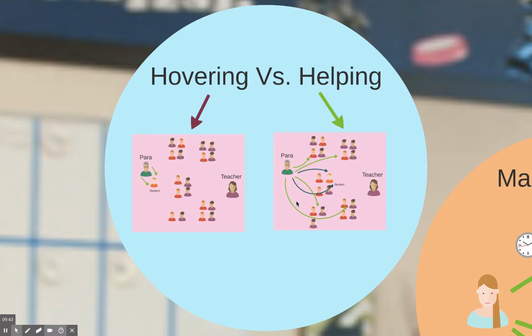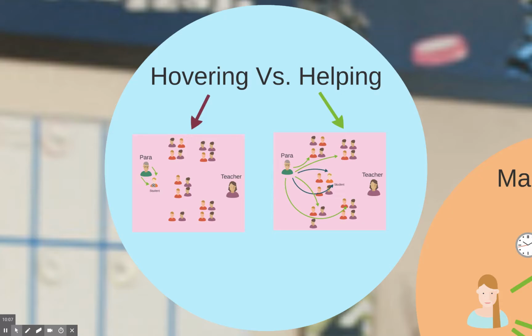And so maybe we would design this environment or train the para to work with multiple kids, but to cycle with the specific kid with an IEP or a disability who needs a specific support on a more frequent basis. But overall, we'd want this para to just be a part of LRE and to serve the entire environment, not just the individual needs of the kid.